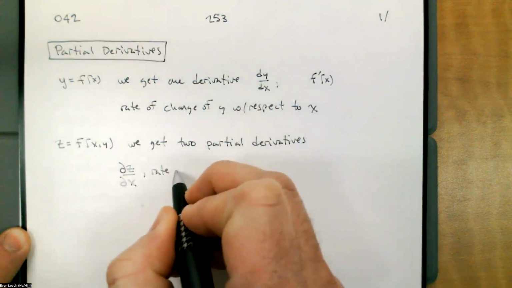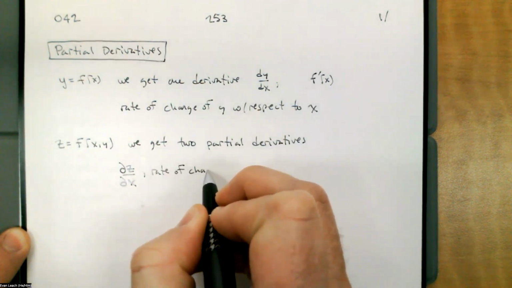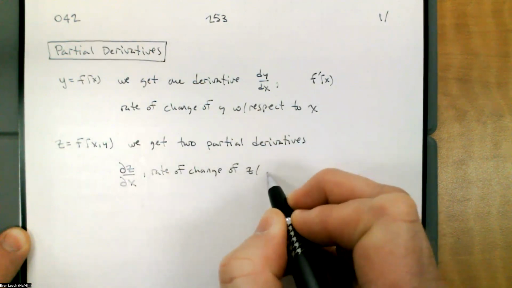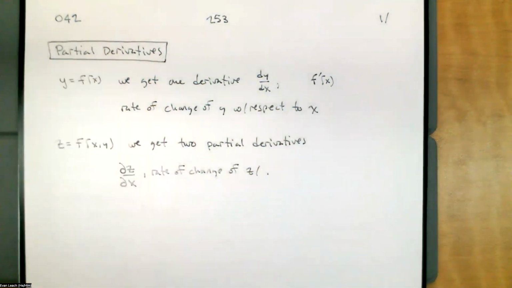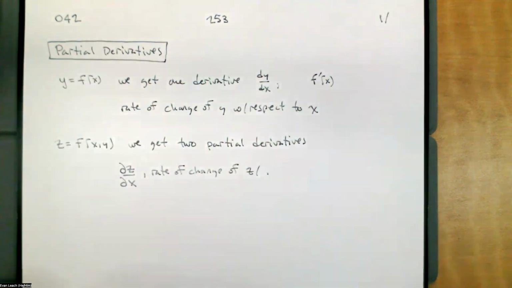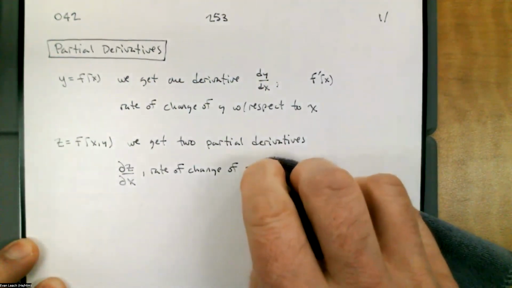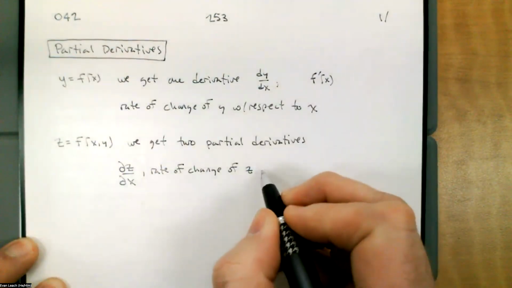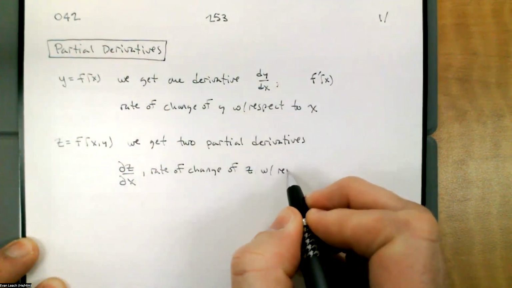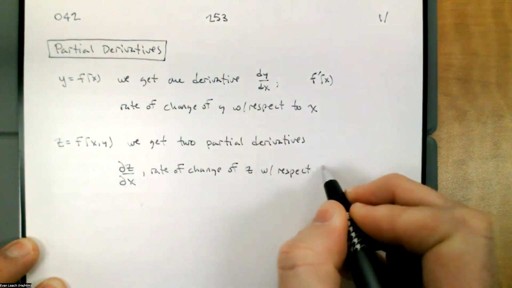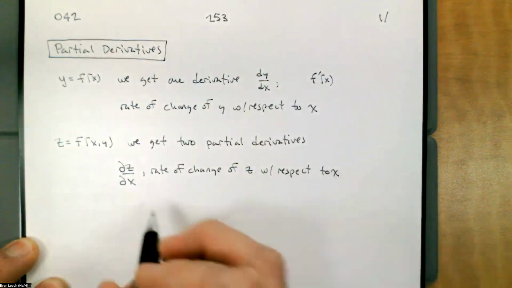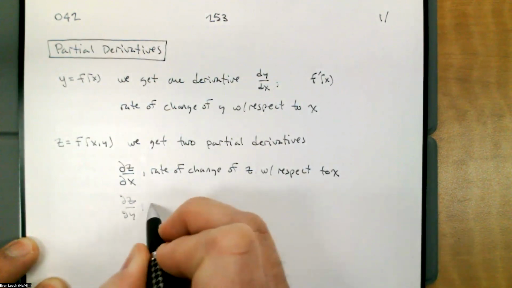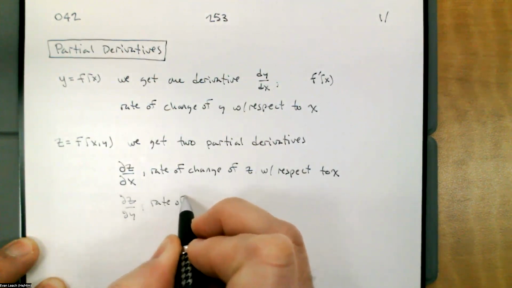The rate of change of z with respect to x. Spelled with wrong. Forgot the w part. And dz dy, the rate of change of z with respect to y.